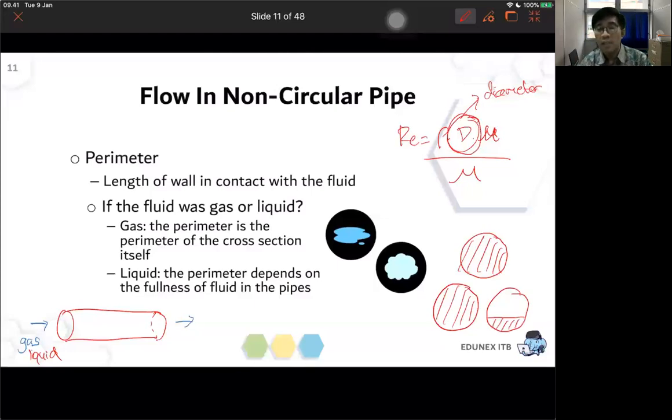But for the gas, it's okay because gas is always fully filling the cross section during the fluid flow.